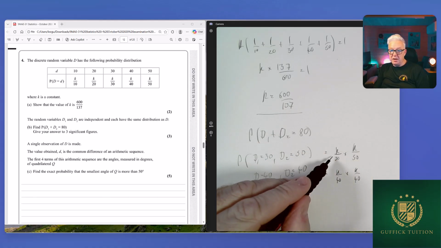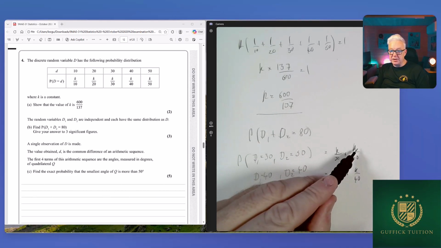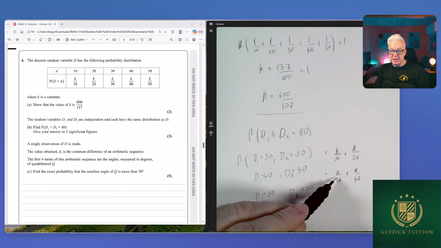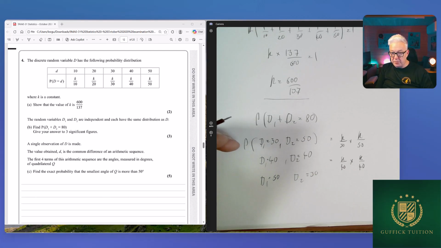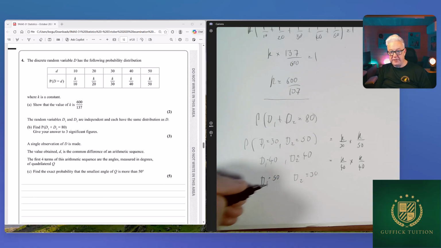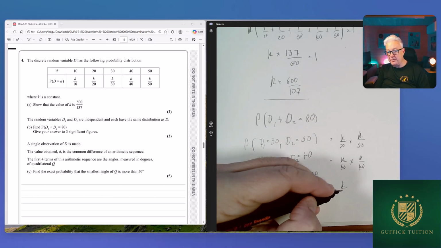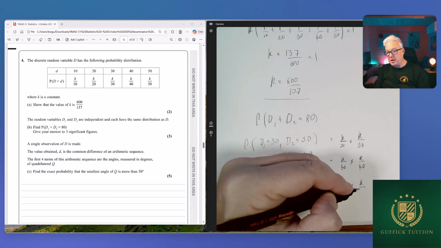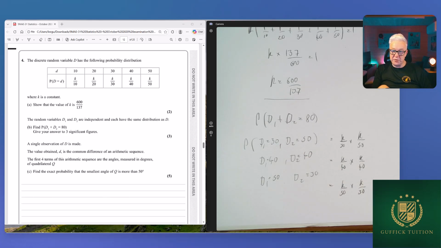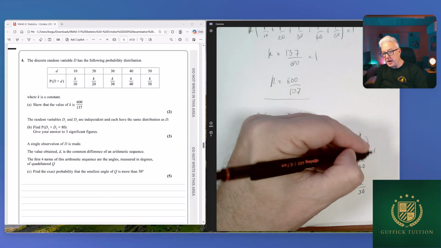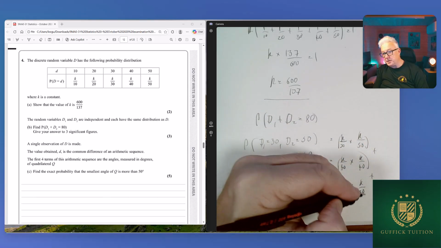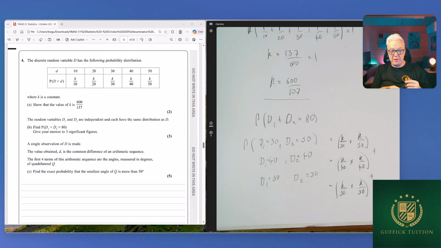Here we're saying that d1 is 30 and d2 is 50, and here that d1 is 40 and d2 is 40. That's why I'm multiplying. The last option is that d1 is 50, so that's k over 50 times k over 30. It can happen this way, or this way, or this way, so we're going to add all these options together. Let's see what that gives us.